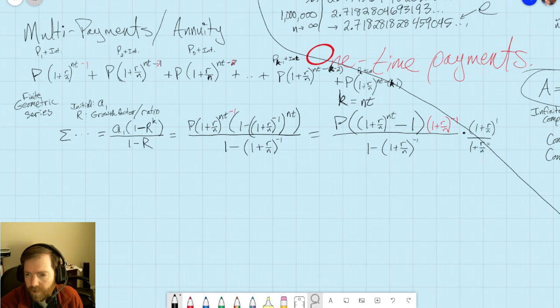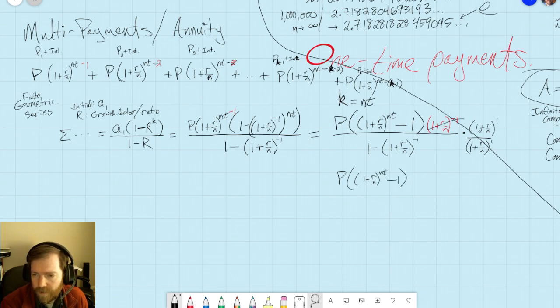Plus r over n to the first. Here this makes p times the quantity, 1 plus r over n to the nt minus 1. Here this stuff is going to go away. And on the bottom, we get 1 plus r over n to the first, plus that times that is just going to be 1. Minus 1.